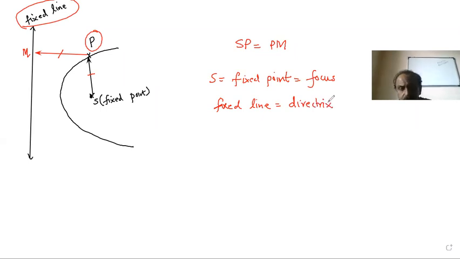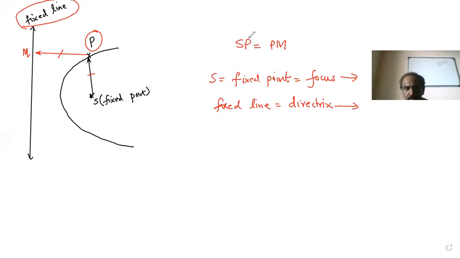Is it clear to everybody? So whenever I want to define a parabola, the first point is I must say what is the focus of the parabola and what is the directrix of the parabola. Then only I can define what is a parabola.